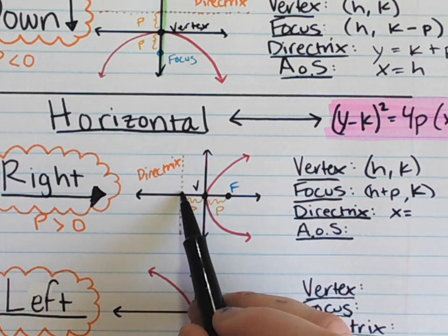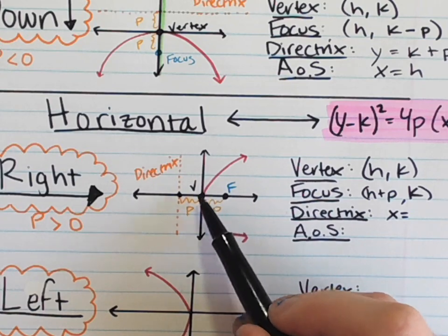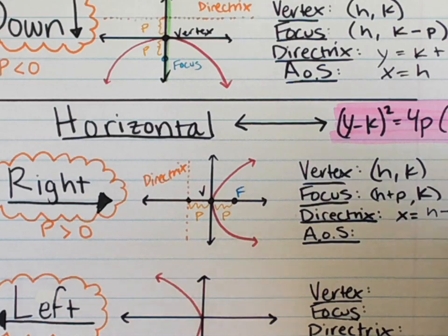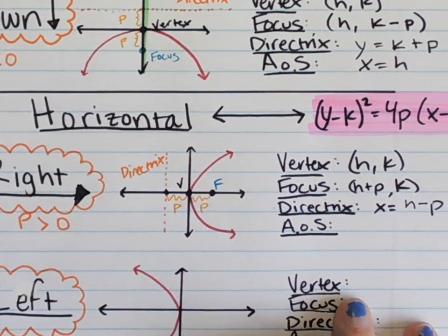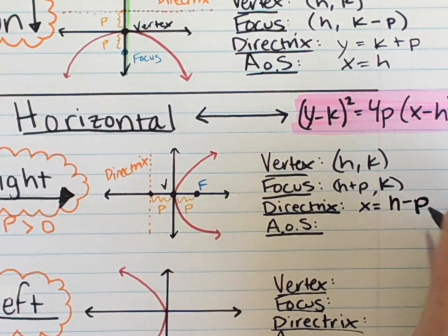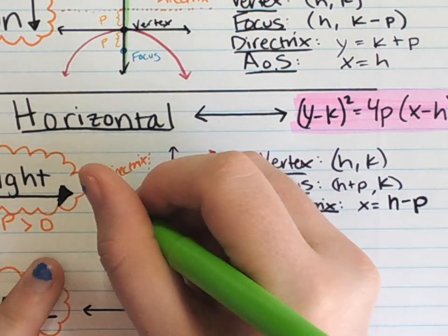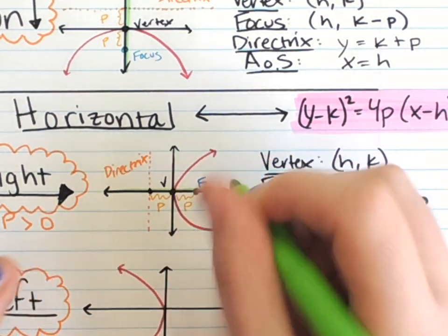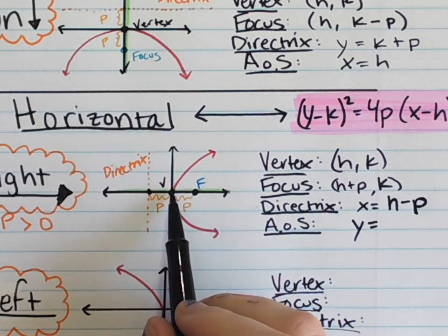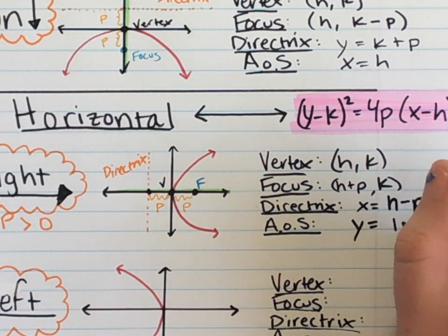And it's going to have the same y value as this, but it's going to have an x value of h take away p units. Now our axis of symmetry passes through the y-axis, so this one's going to be y equals whatever was the y value of the vertex, so it's going to be y equals k.